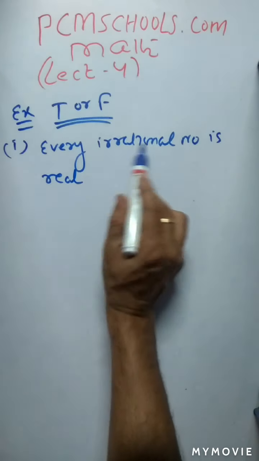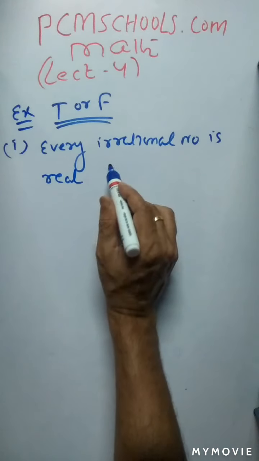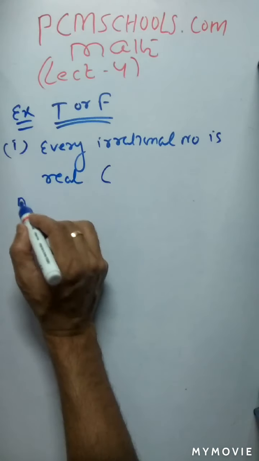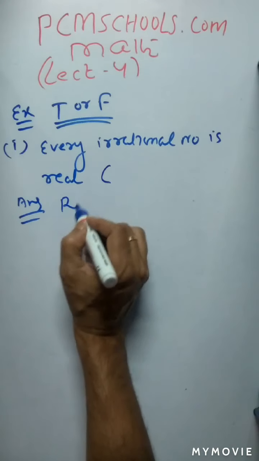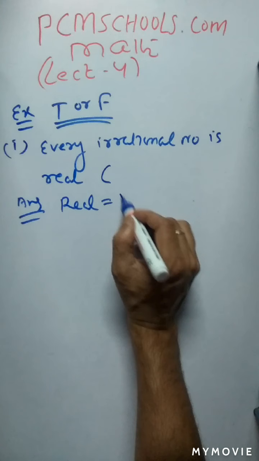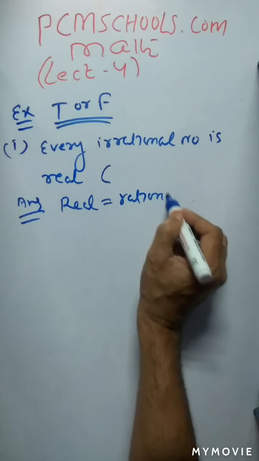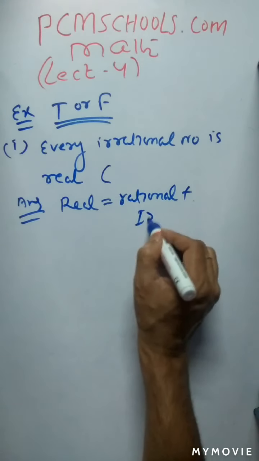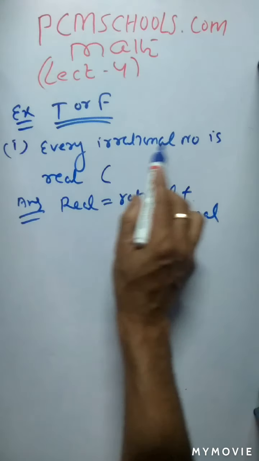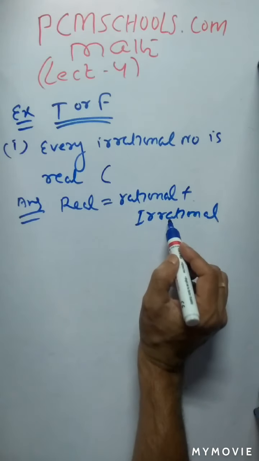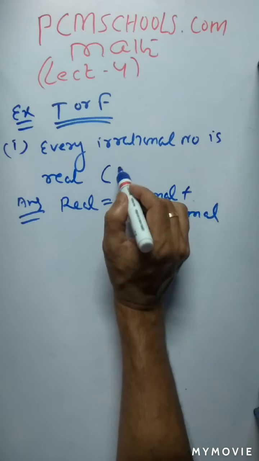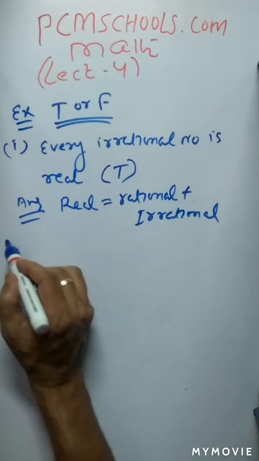So see, every irrational number is real. Yes, that is true, because actually a real number is nothing but a combination of rational plus irrational. So every irrational number is real. Yes, an irrational number is an element of the real set. So the answer is true.